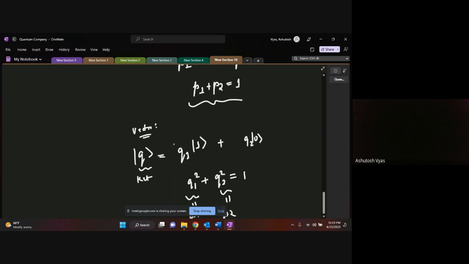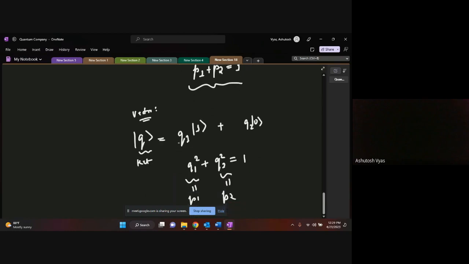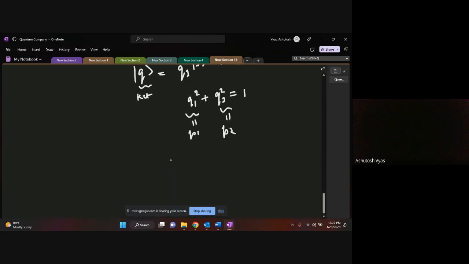So is it safe to call this entire thing like this? Let me put it in a way which you guys understand. Q1, Q2 like this, and Q1 square plus Q2 square is equal to 1. What I'm trying to say is that a quantum bit, or your qubit, is basically existing in two states.